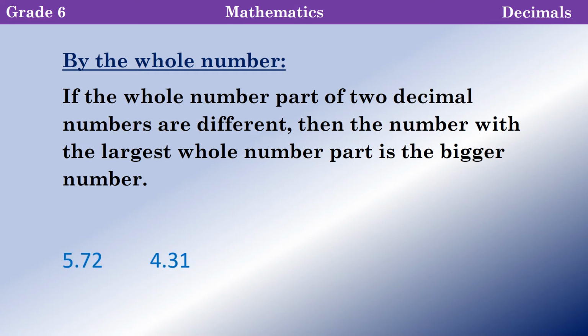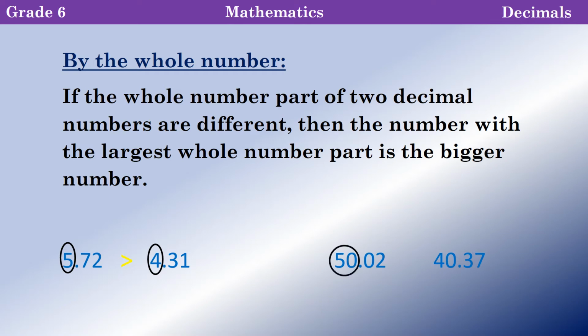For example, when you consider 5.72 and 4.31 and 50.02 and 40.37, you can see that 5 of the first two decimal numbers is bigger than 4. The whole number part 5 is bigger than the whole number part 4. That means 5.72 is greater than 4.31.